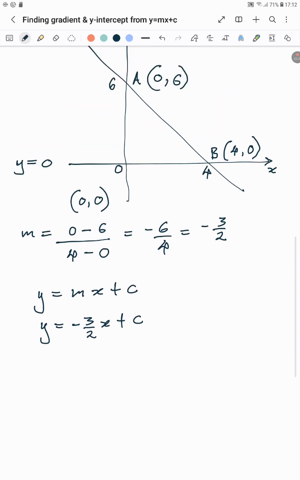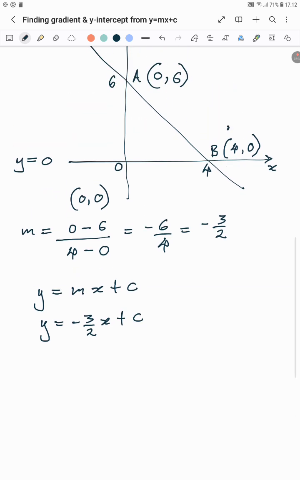Then you use any of the 2 points. So I'm going to use this one. 4 is my x and 0 is my y. So y is equal to 0 and x is equal to 4. So now we're going to use this equation to find the value of c.